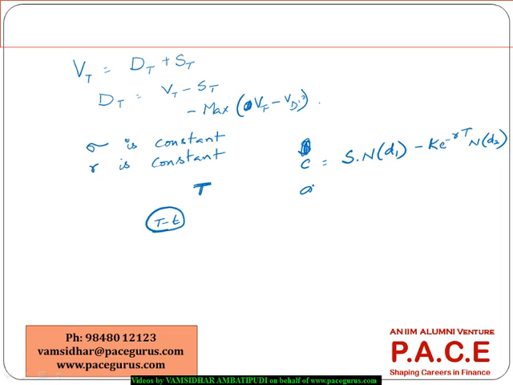And we also said d1 is log of S divided by X, plus r plus sigma squared by 2 into T, divided by sigma root T, and d2 is d1 minus sigma root T. This is what we have written.